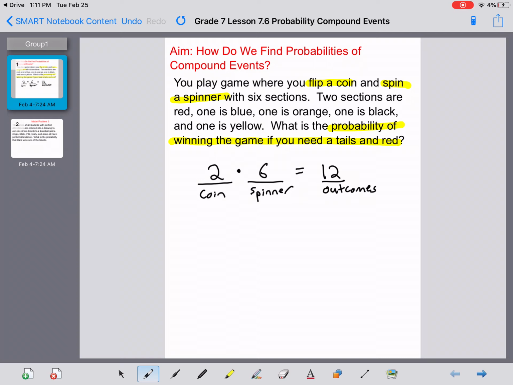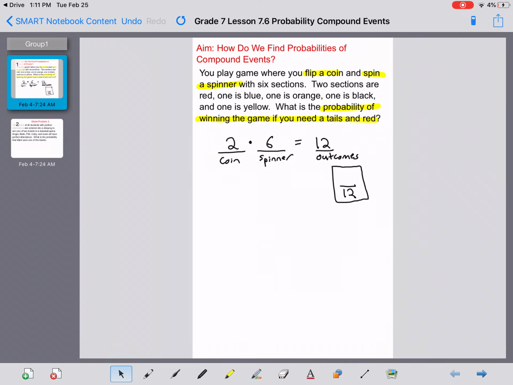So I know my final answer, my probability, is going to be some number over 12 because there's 12 total possible outcomes. Now I have to determine how many outcomes there are that get a tails and a red. Whenever there are 2 possible events, the easiest thing to do is to create a table.